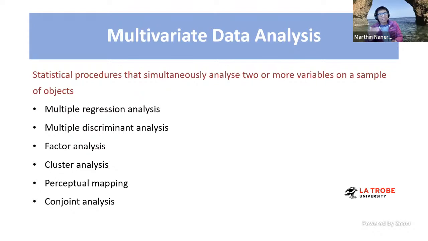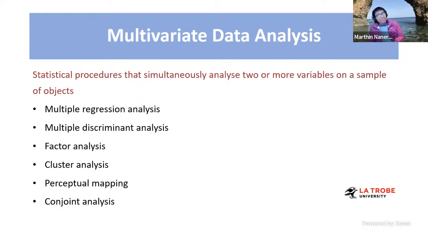So you can see that this may allow the researchers to establish a model for classifying individuals into groups or into segments on the basis of the value of their independent variables.